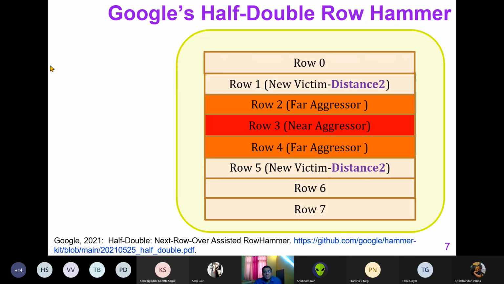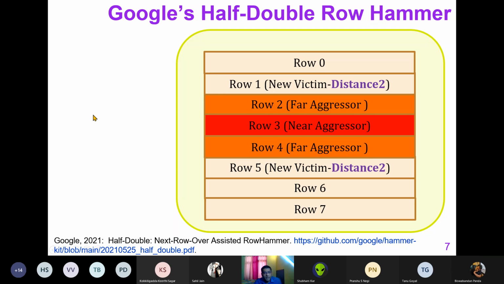So a team of researchers from Google, in the year 2021, published an article titled Half-Double Row Hammer Attack. What they're showing is that the combination of the aggressor of the previous classical row hammer and the victim itself creates disturbance in the distance-2 row.